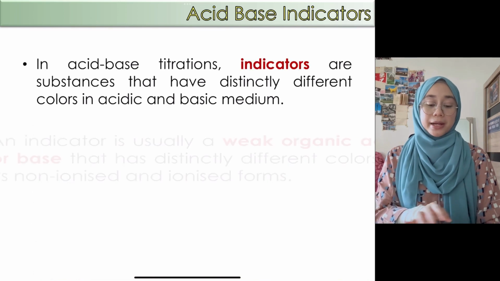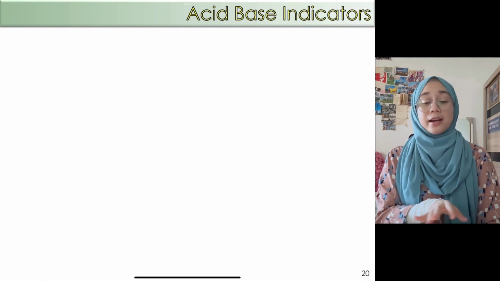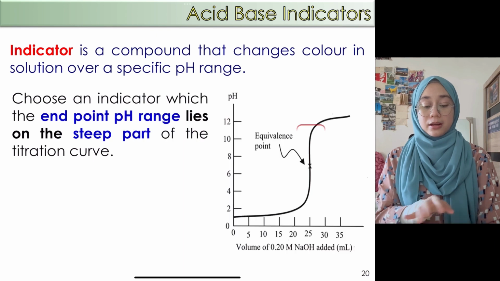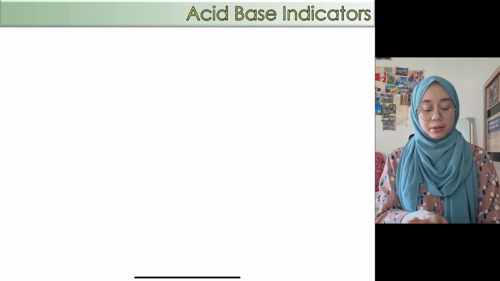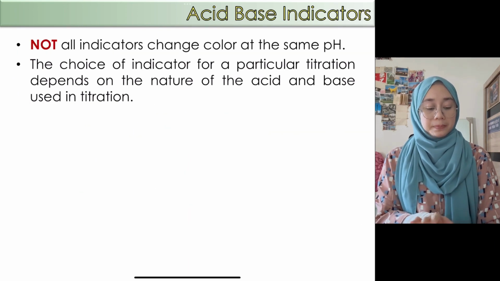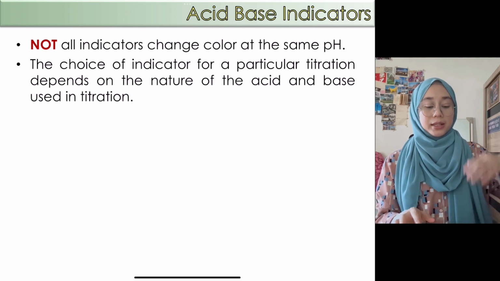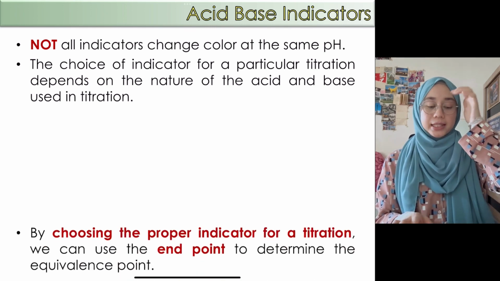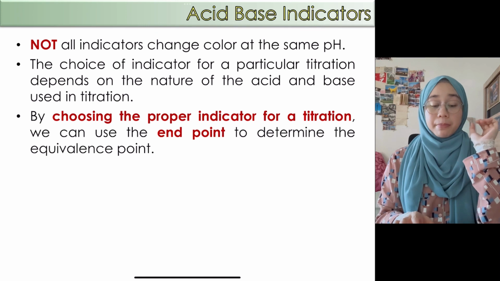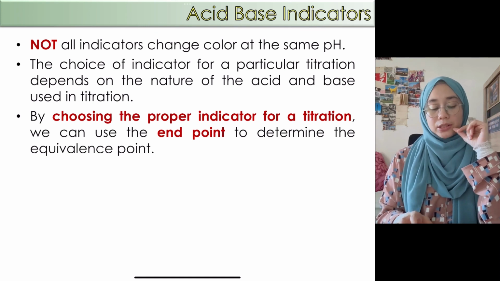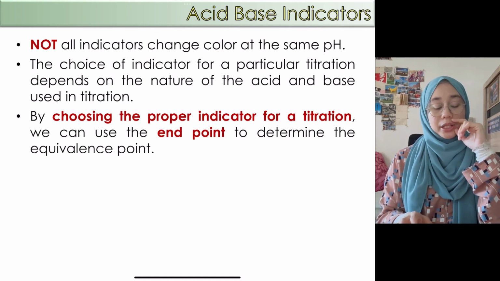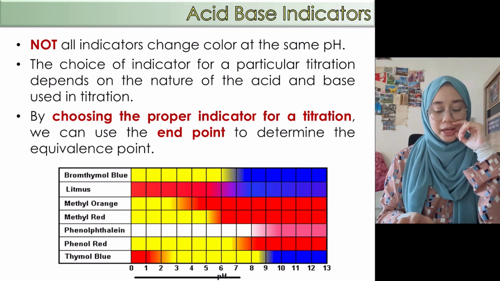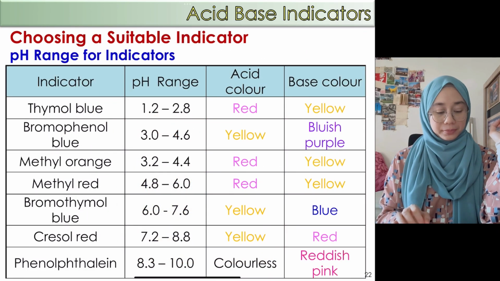Okay, jadi kita kena pandai cari indicator yang sesuai lah kalau kita nak pasti endpoint berada dekat mana. Okay, jadi the choice of indicator for a particular titration depends on the nature of the acid and also base used in titration. By choosing the proper indicator for a titration, we can use the endpoint to determine the equivalence point. Okay, so ni range dia.